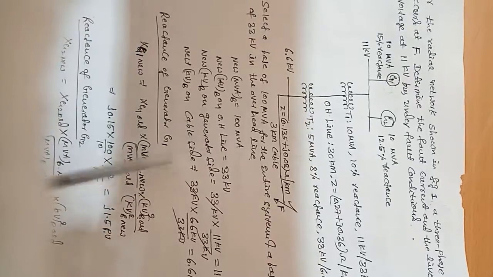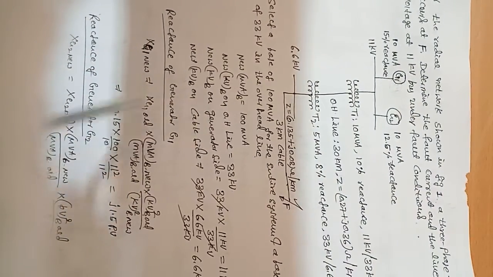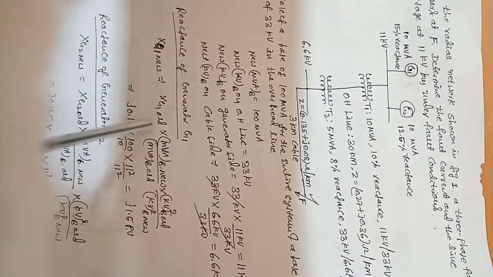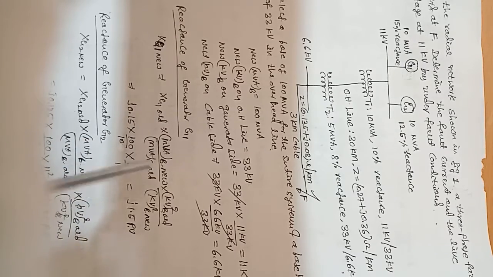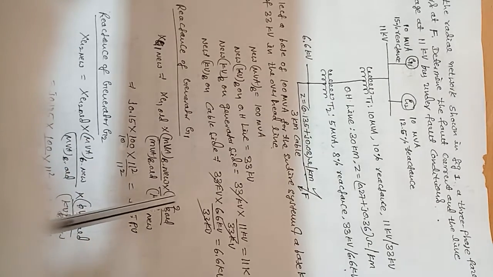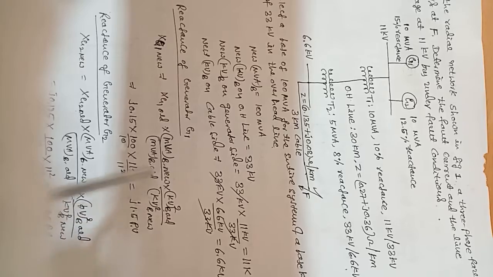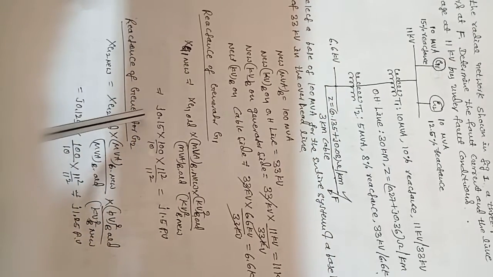Once you have the new kV bases, find the reactance of the generator. You know the formula: Xg1 new equals Xg1 old into MVA base new by MVA base old into kV base old squared by kV base new squared. This formula I already studied. Just substitute the values.